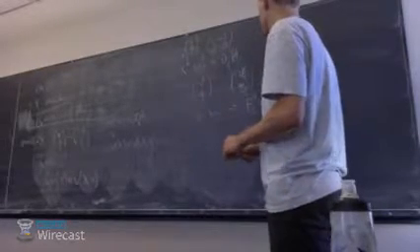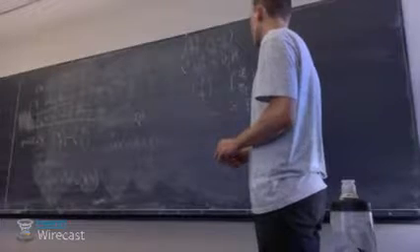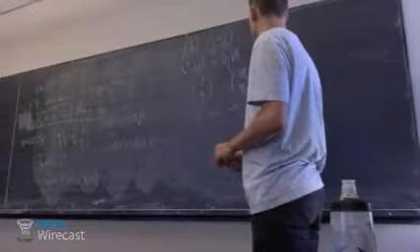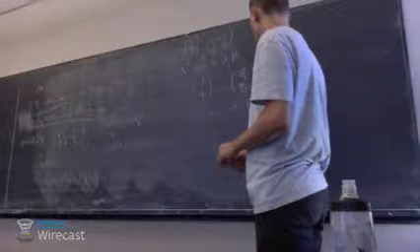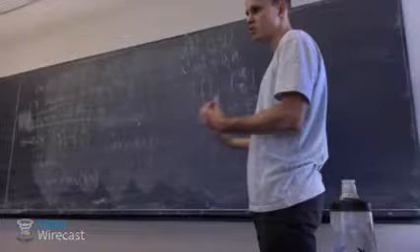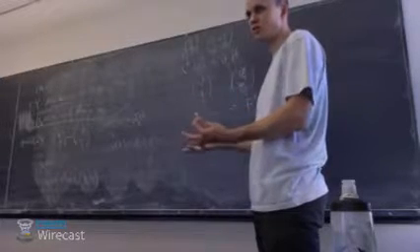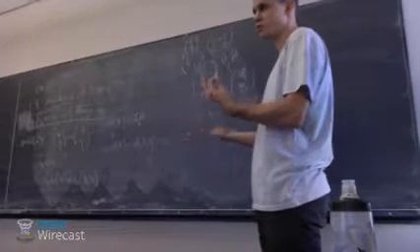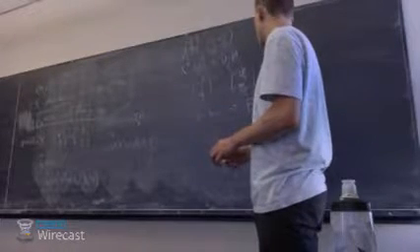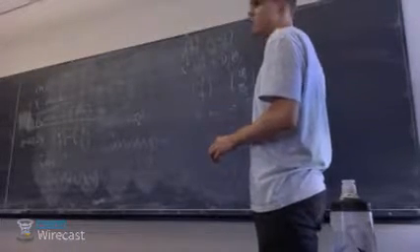This is saying that the flow of that vector field, which is literally the evolution of the system, how positions and velocities or momenta change in time, is a canonical transformation.